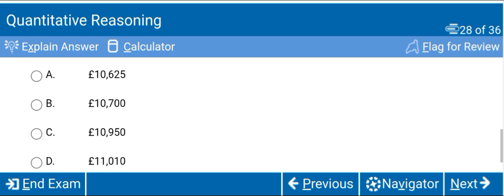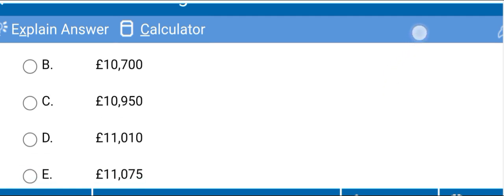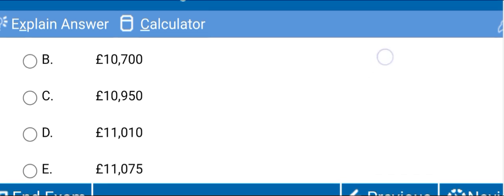Option A 10,625 pounds, option B 10,700 pounds, option C 10,950 pounds, option D 11,010 pounds, option E 11,075 pounds.